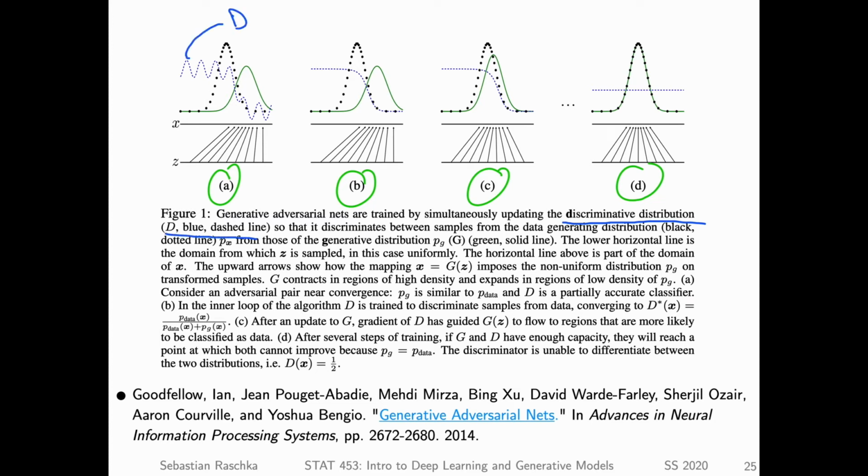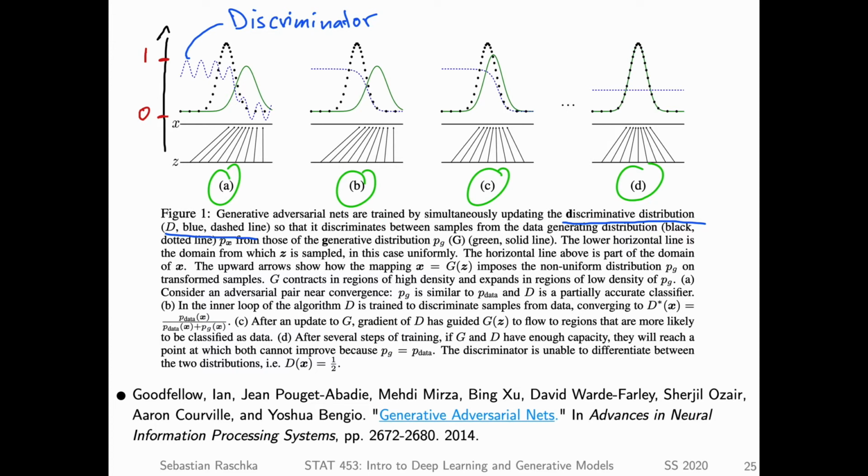That is the distribution of the discriminator, or rather what the discriminator outputs. I think they forgot the y-axis here. So for the discriminator, let's put a y-axis here, where the probability is 1 for predicting real, and the probability for real is 0 here at the bottom.